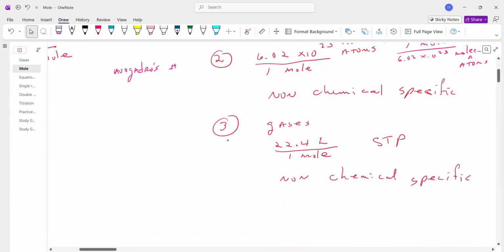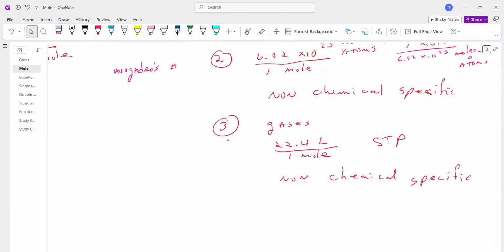Gases are very unique because the distance between a gaseous atom or molecule and another atom or molecule is great compared to liquids or solids. And because of that, gases are compressible. That's why you always have gas pressure.